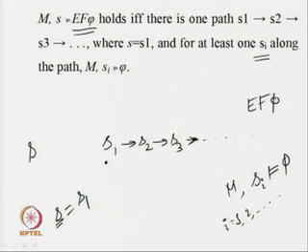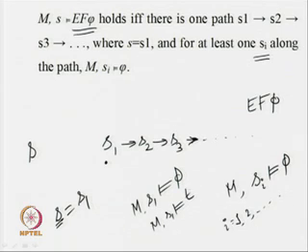So, if M, S1 models phi, then according to this definition, M, S1 also models EF phi. This is due to the definition of the semantics.